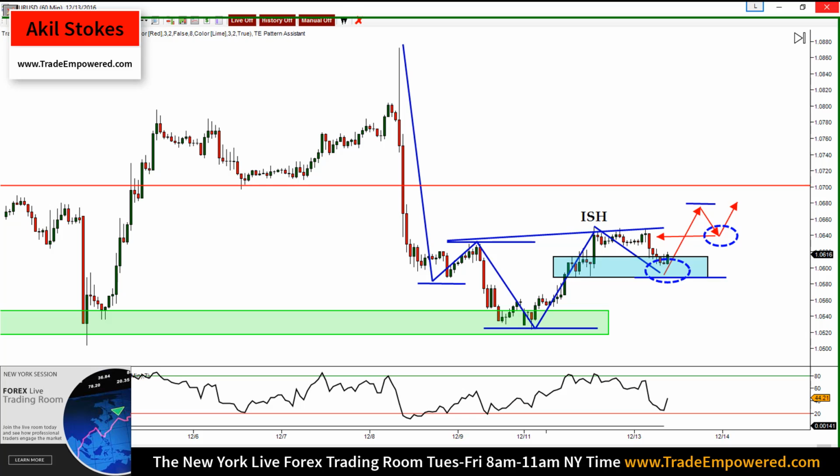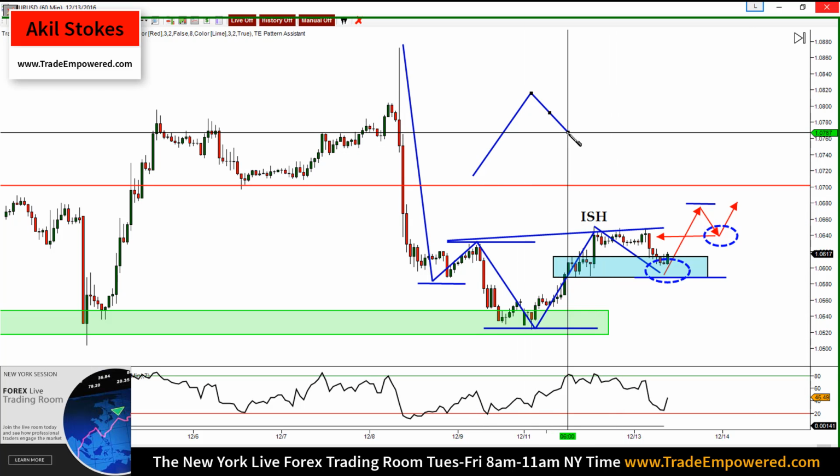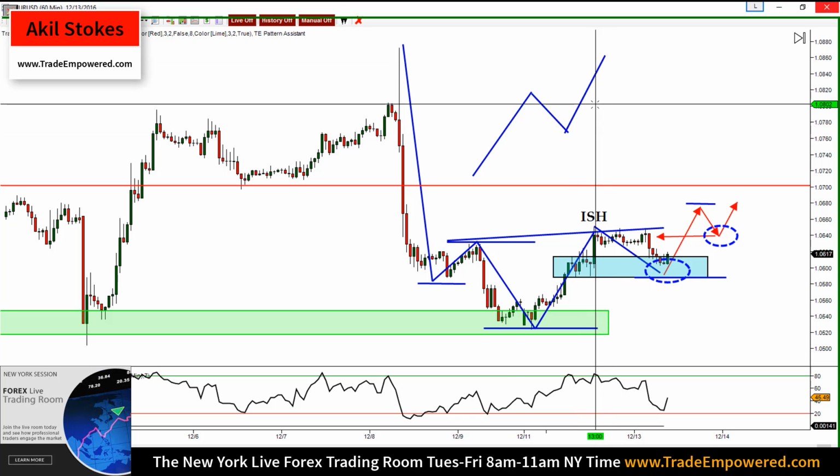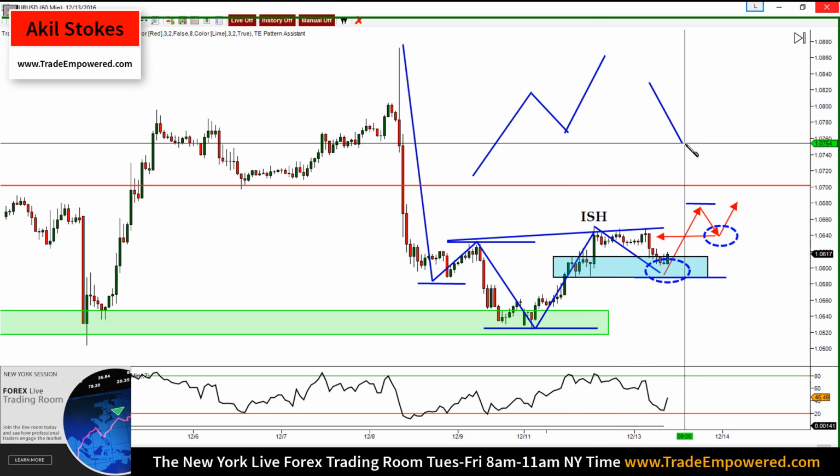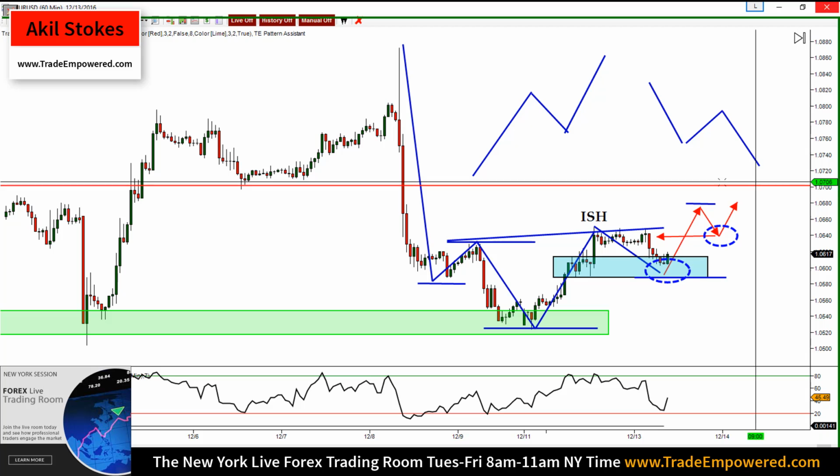Two higher highs, two higher lows. No, it would be two higher highs, one higher low. A 3-point move for trend, right? Initial structure high, outside return, new structure high, or initial structure low, outside return, new structure low. That's when we have an established trend.